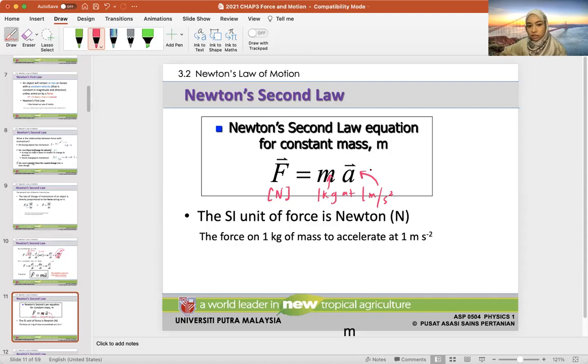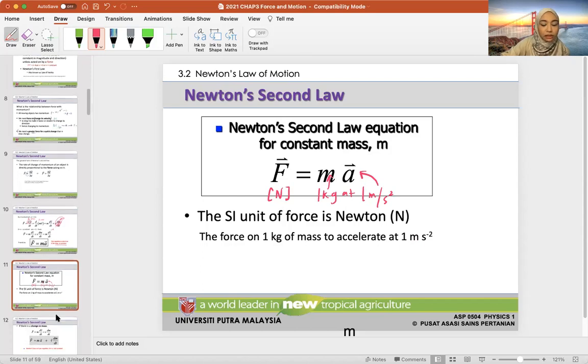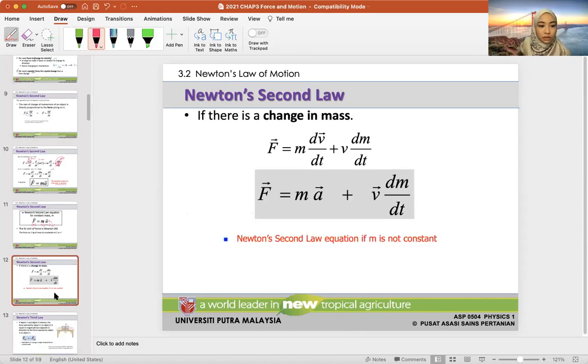So that is the definition here. What is 1 Newton? 1 Newton is the force to accelerate 1 kilogram at 1 meter per second squared. That is how they define Newton. So every unit has its definition, and the definition of Newton was that.